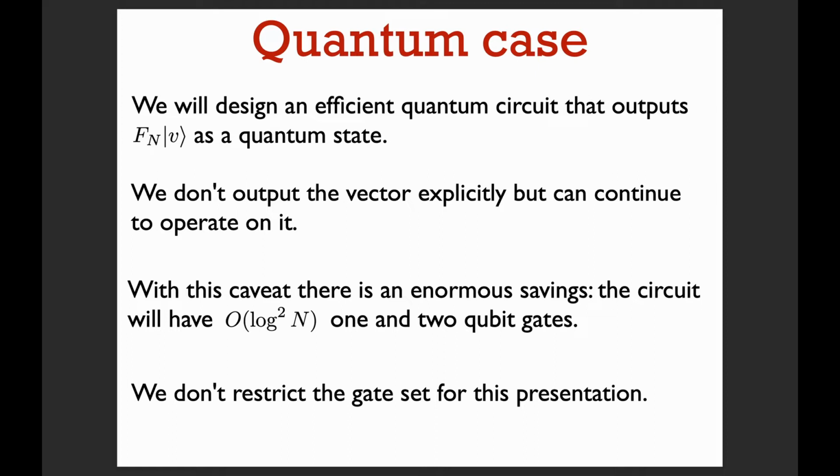As I said in lecture 1, we're not going to restrict the gate set that we use for this presentation, because we already know that whatever gates we use here can be efficiently simulated by your favorite universal gate set.